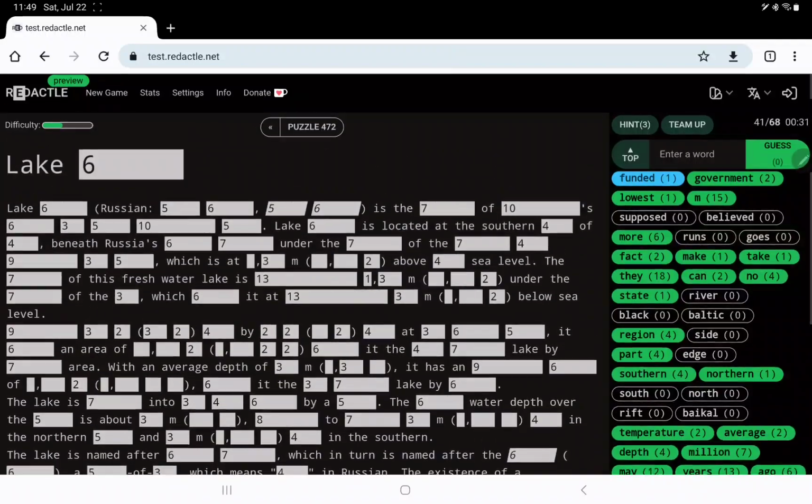Okay, a Russian lake, but I'm still not getting this whole located part, that it's under the something of the 74935, which is at this, but the something of this freshwater lake is under the 7 of the 3, under the 7 of the 3, which blanket, which, I'm not sure what that verb is, at the southern 4 of 4.